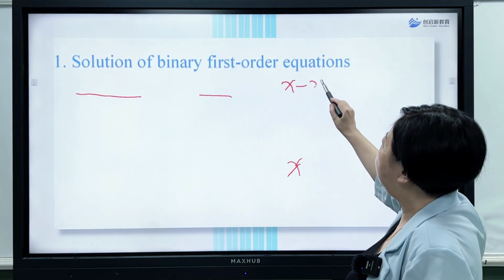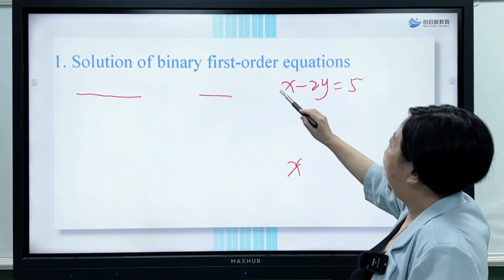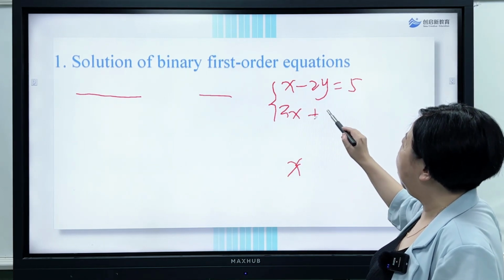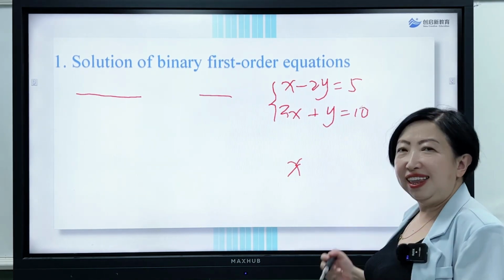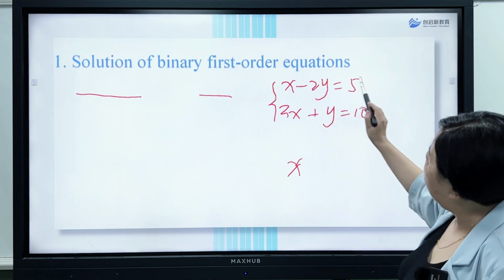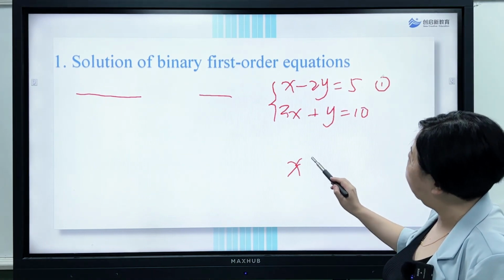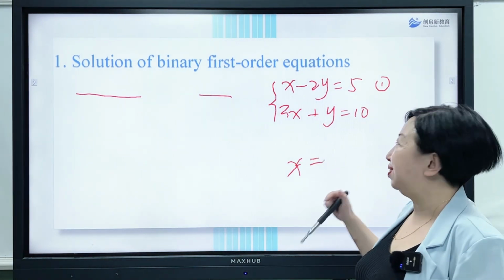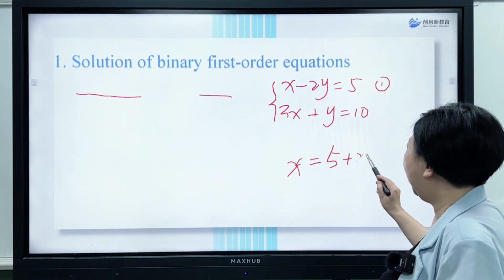For example, let's give an example. x minus 2y equals 5 and 3x plus y equals 10. Let's have a look. Here we can know x equals what? x of course equals 5 plus 2y.